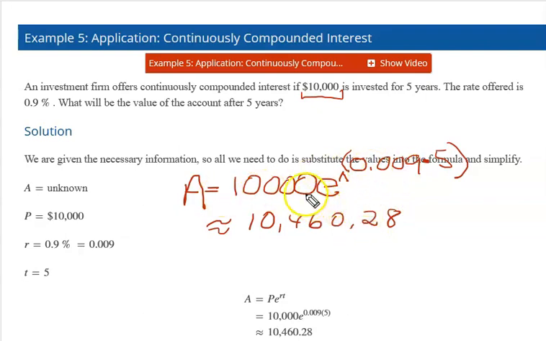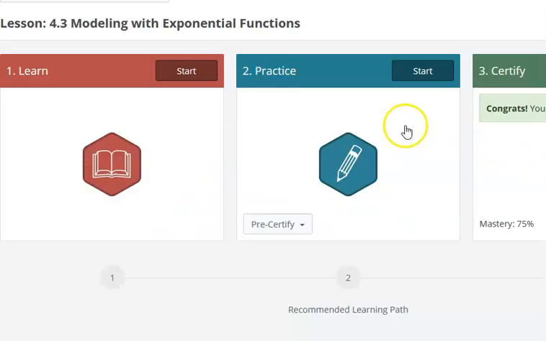Again, try that so you're able to know that your instrument will give you this type of answer once you put this data into your calculator. All right, this winds up lesson 4.3, and we should expect a quiz and hopefully have some good notes.